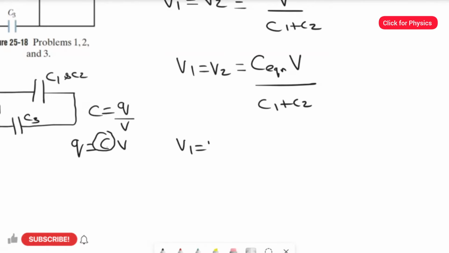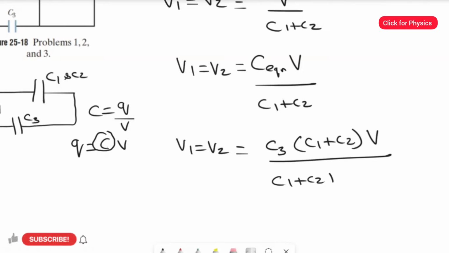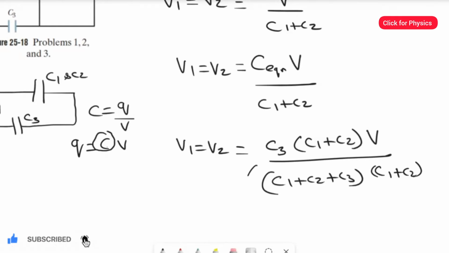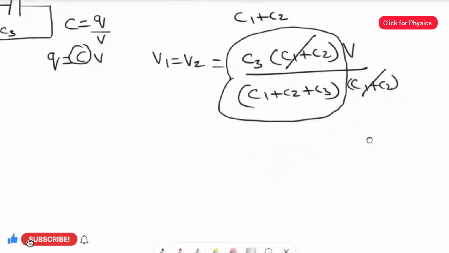So V1 is equal to V2, and in this place we substitute the equivalent capacitance: C3 multiplied by C1 plus C2 multiplied by V divided by C1 plus C2 plus C3, and also one more C1 plus C2 here, because all this part is our equivalent capacitance. Clear? Now you can see we can cancel C1 plus C2 here. So what are the remaining terms we have here?